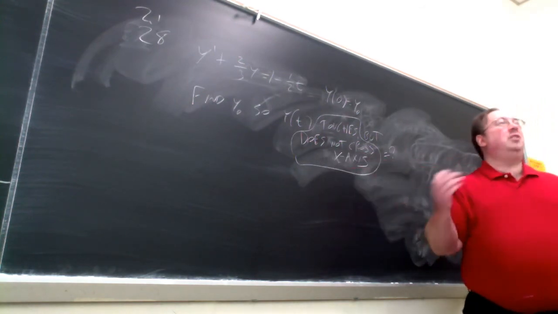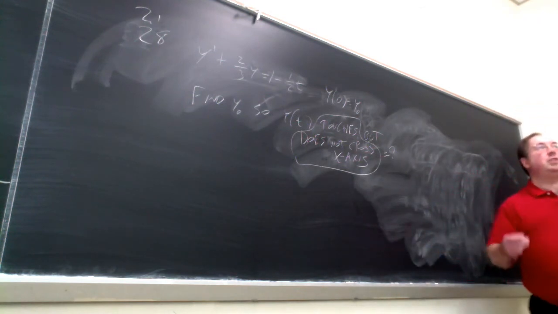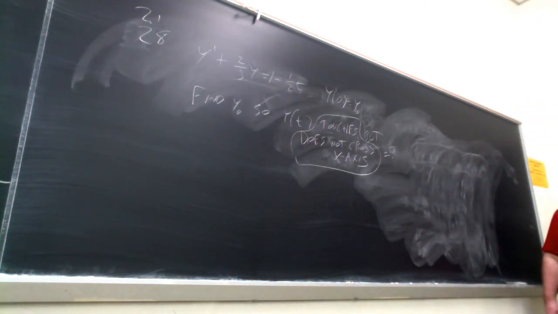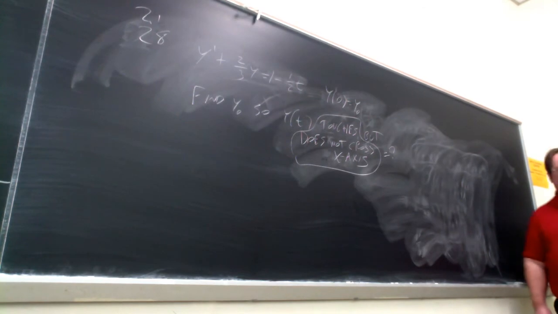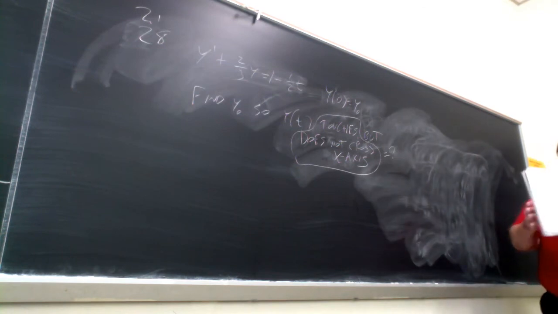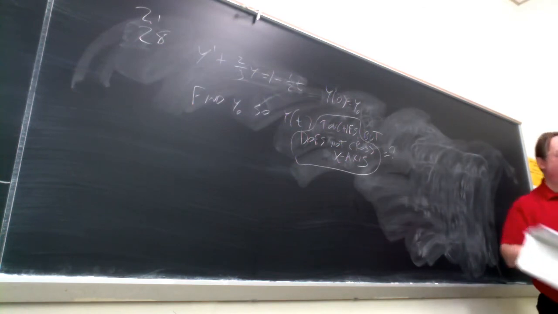We want to make sure we're all on the same page. So what does it mean visually for a function to touch but not cross the x-axis? Okay, and we have a volunteer right here. Can I show everybody? Actually, I'm going to reproduce it and make it bigger. Great.